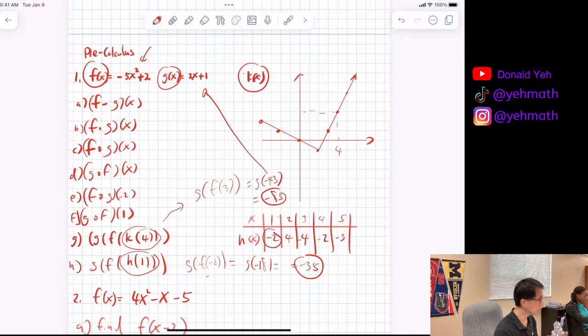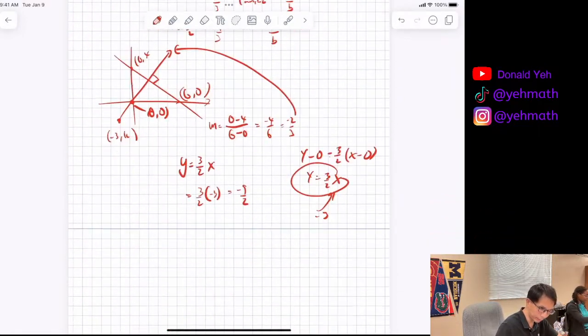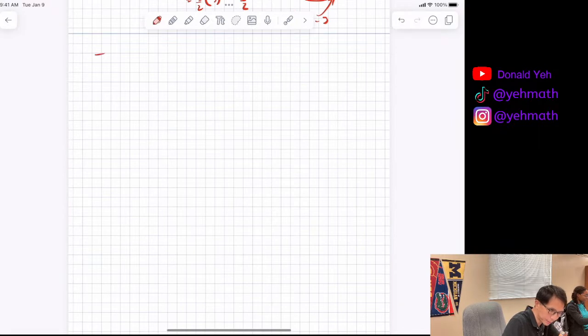Okay. Can I talk about today's stuff? Good. Okay, we're going to talk about a big topic. It's called inverse function. Now I'm going to teach you this inverse function at the pre-calc level.